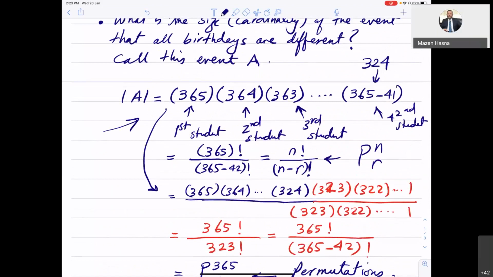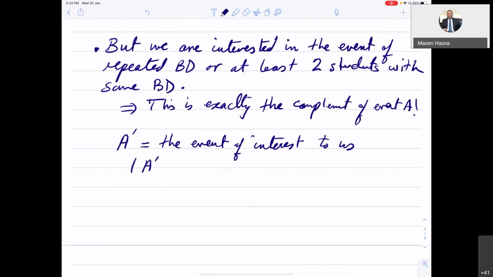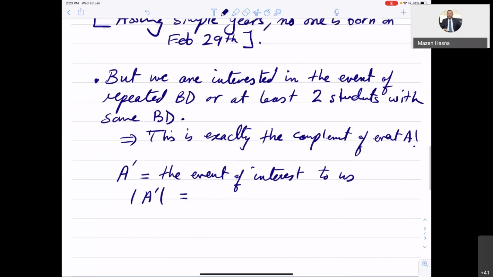So all the other events, the complement of this event, is that at least 2 students have the same birthday. So what we are asking for, A bar, is the event of interest to us, and A bar is just what?